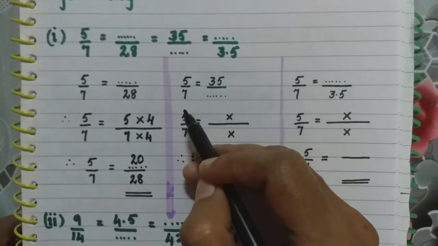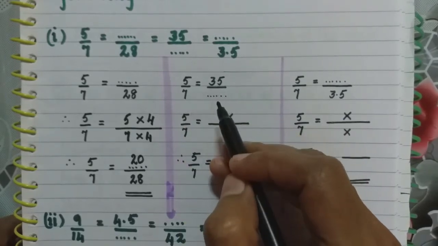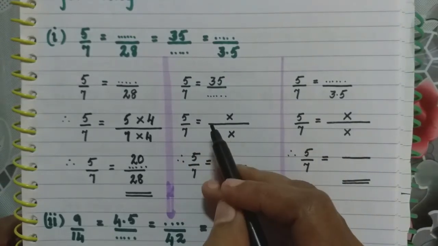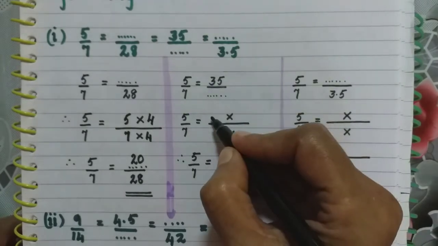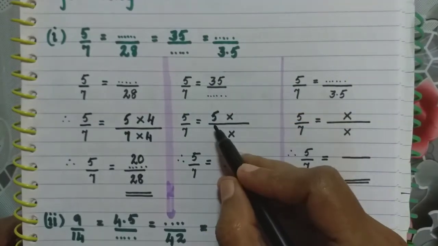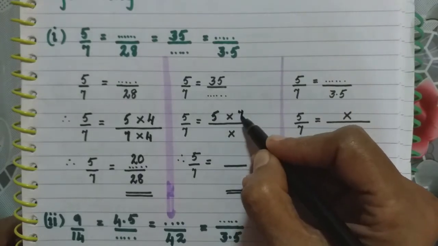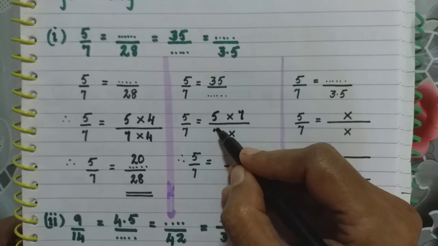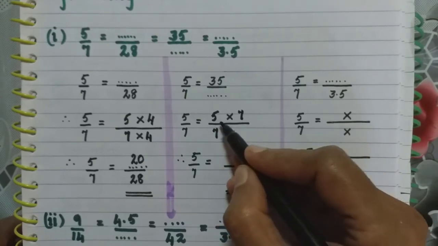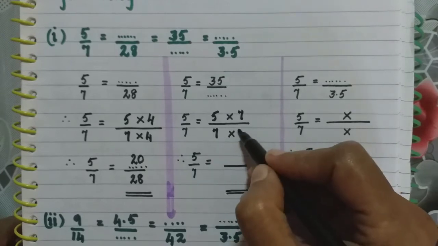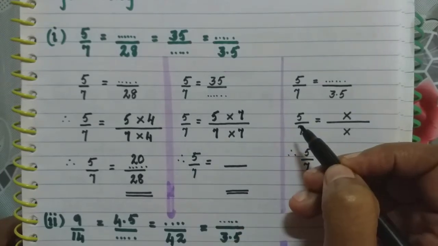So 5 upon 7 is equal to, this 5 we write as it is. To get 35, 5 has to be multiplied with 7. Now this denominator here is 7, so that is written as it is. Since this numerator is multiplied by 7, the denominator also is multiplied by 7.